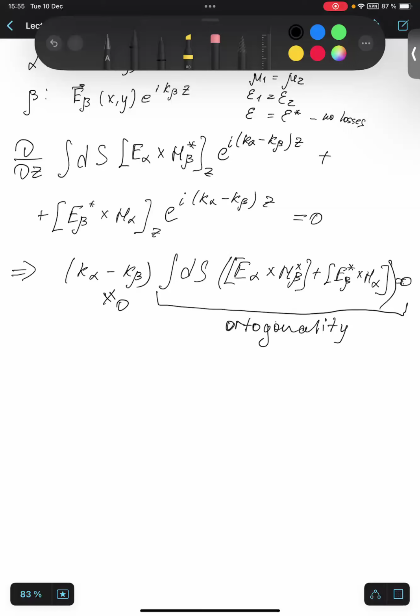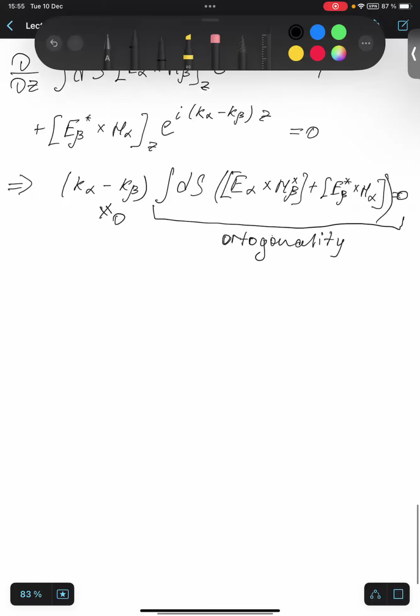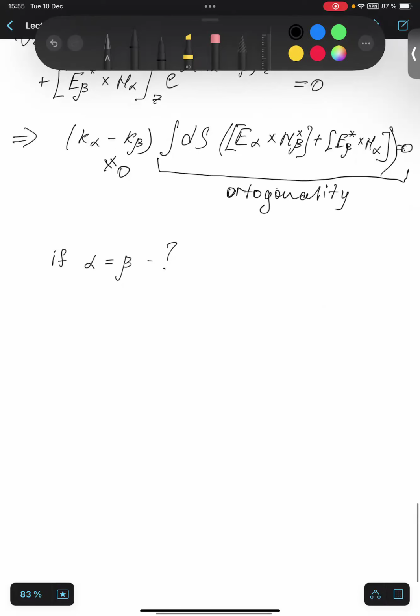But also they should be somehow normalized, not only orthogonal, also should be normalized. And we say, what if alpha equals beta, what will we obtain?